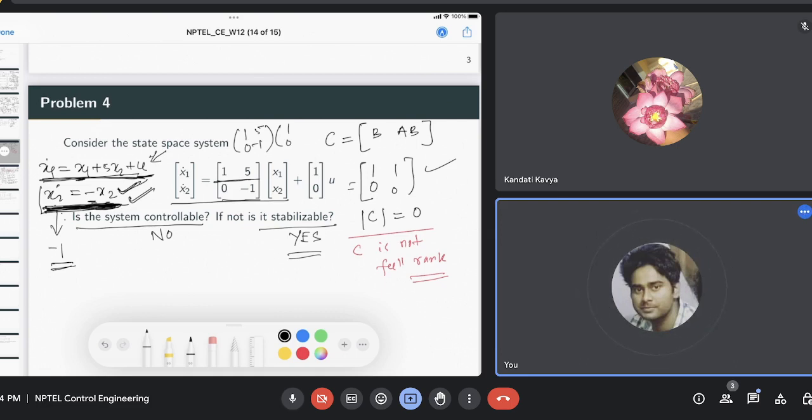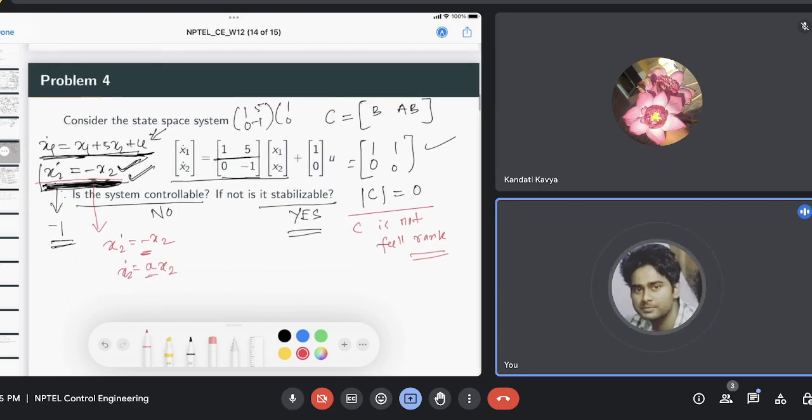Here x2 dot equals minus x2, so its dynamics is fixed. What is the eigenvalue associated with this x2 mode? Let it be x2 dot equals a x2, so a is minus 1.